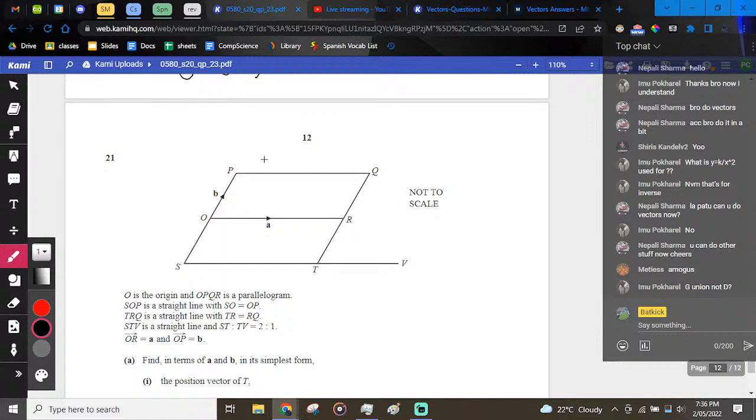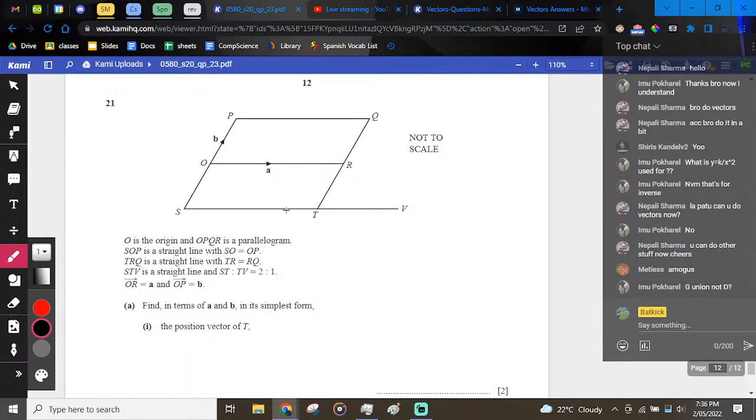A vector question. The position vector of T. Position vector is where it is compared to the origin, which is O. O is the origin, as it says. So what is from O to T?